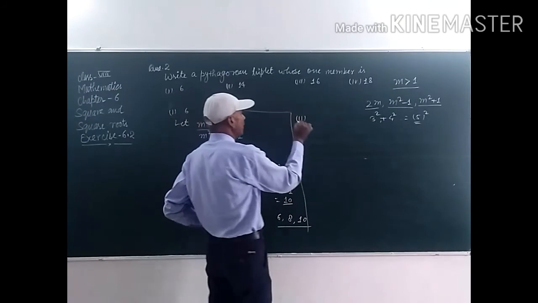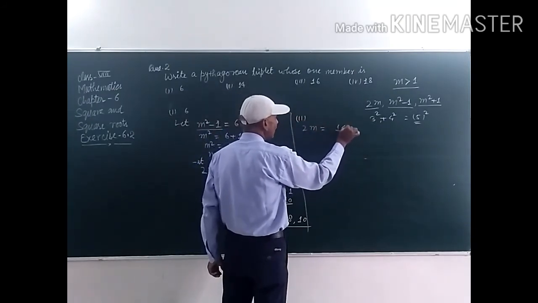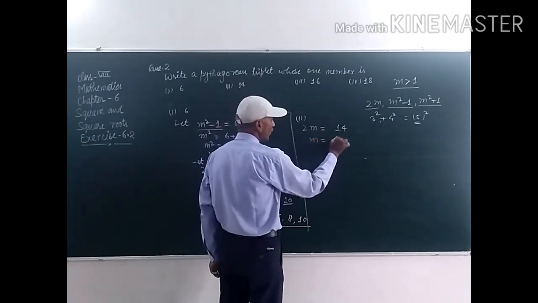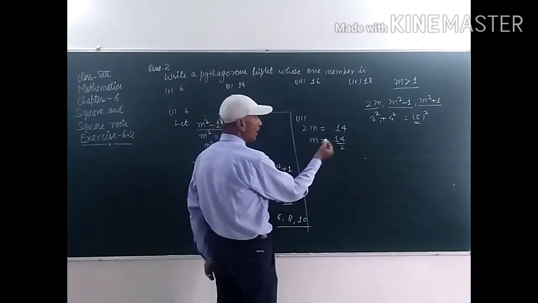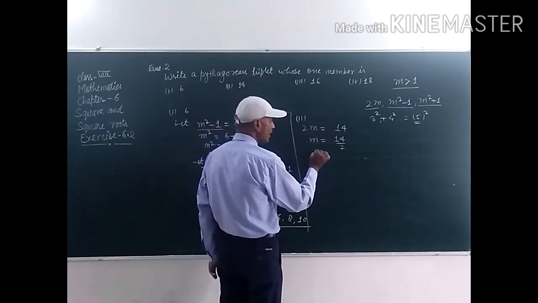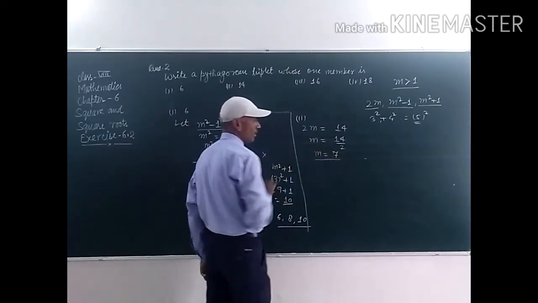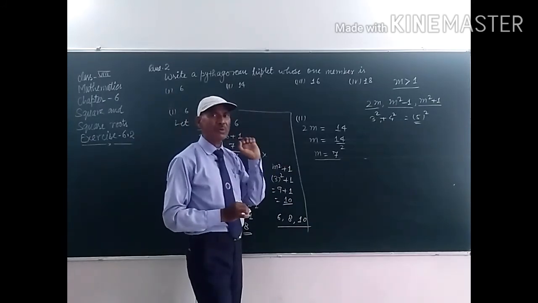So let 2m is equal to 14, then m is equal to 14 by 2, and in this case m is equal to 7. This one is a natural number, student. Now we have to find the other members of the Pythagorean triplet.